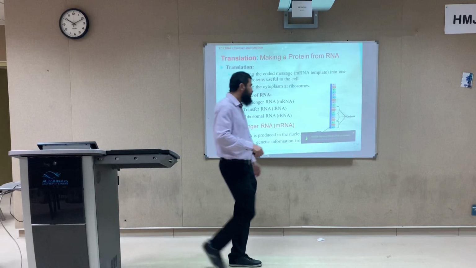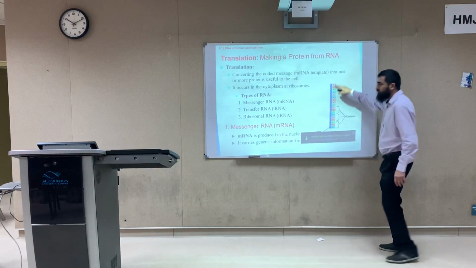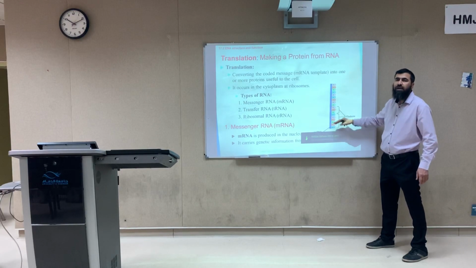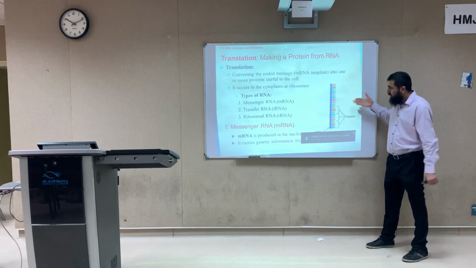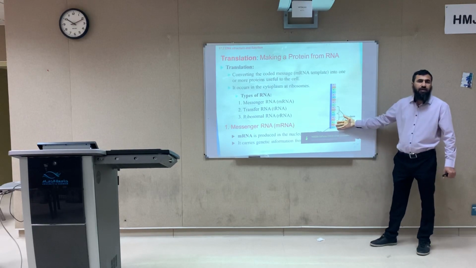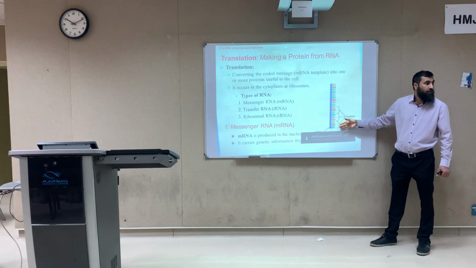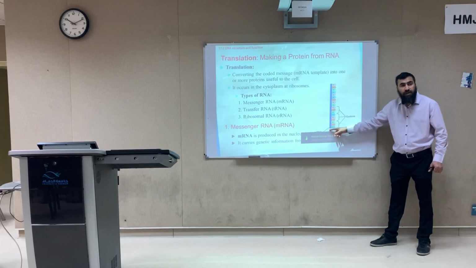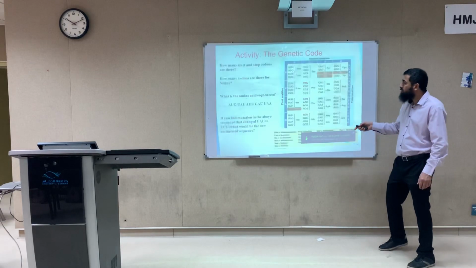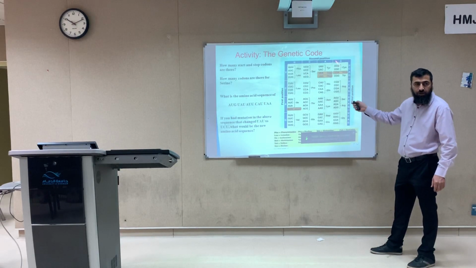The ribosomes will read in one direction, okay? It doesn't read it back, it doesn't skip, it reads it one by one. And the tRNAs will come and bind to each triplet, carrying the correct amino acid corresponding to that sequence, okay? And that sequence is based on this genetic code.